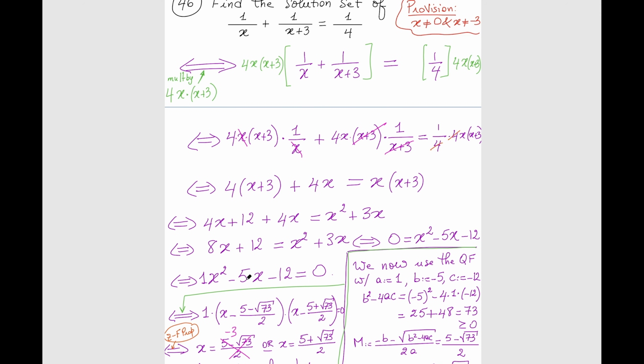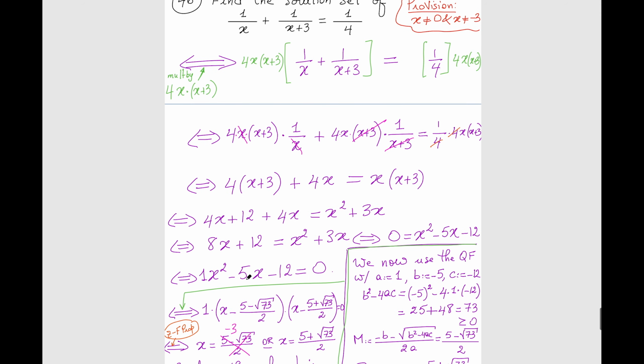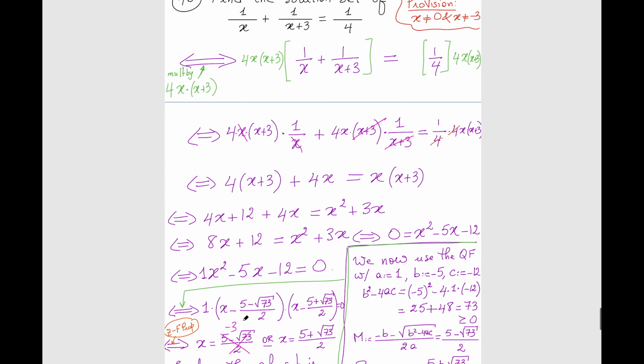We were lucky here that we didn't have negative 3 as one of the solutions, nor 0. Otherwise, we should have thrown away the negative 3.